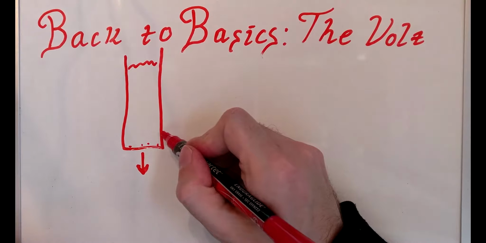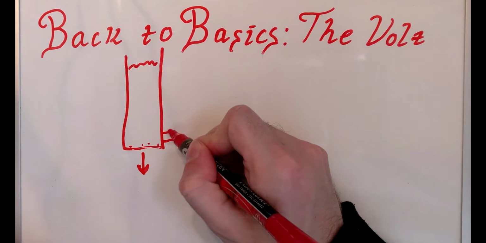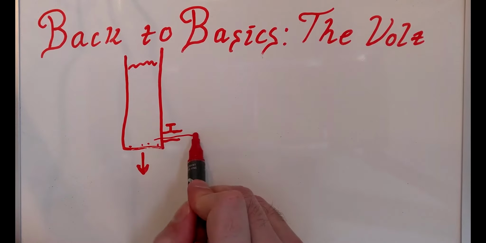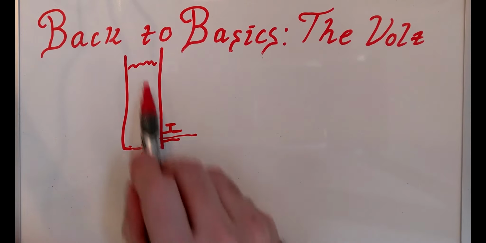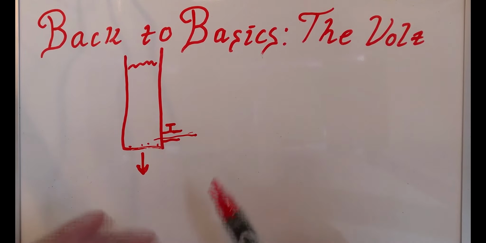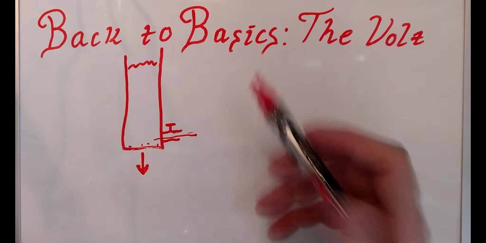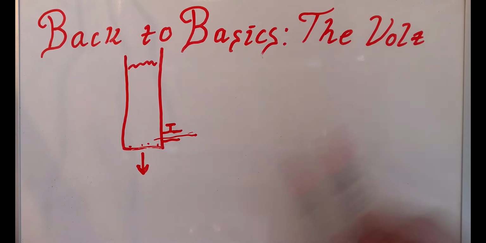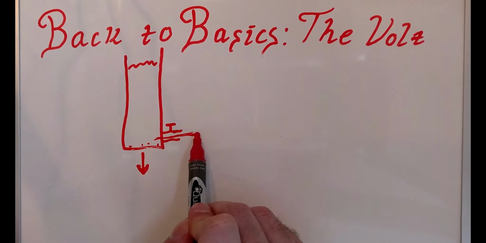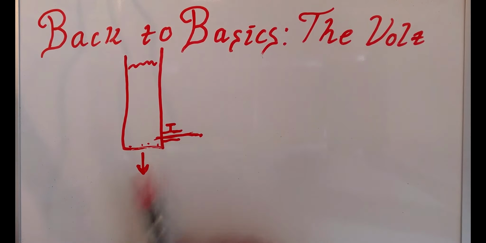So let's put in a little valve here. And then we'll let the water start coming out. That allows the voltage to begin flowing. And to give us a segue into our next video, because we'll be talking about the amp in our next video, the speed at which the water is being permitted to flow through this valve is amperage.